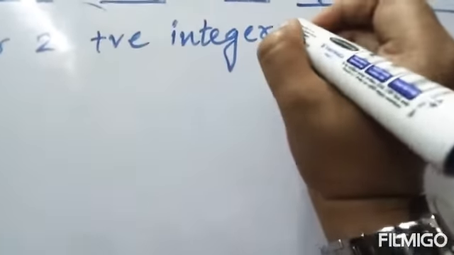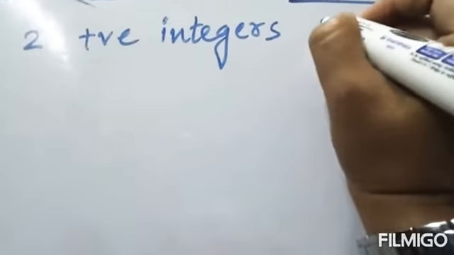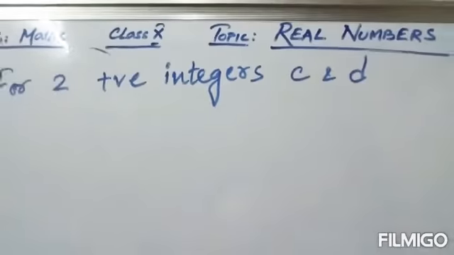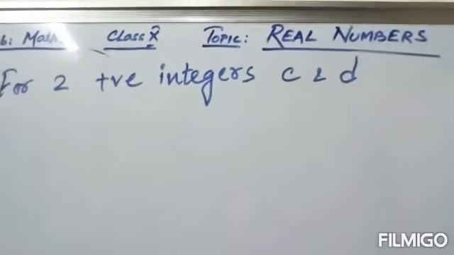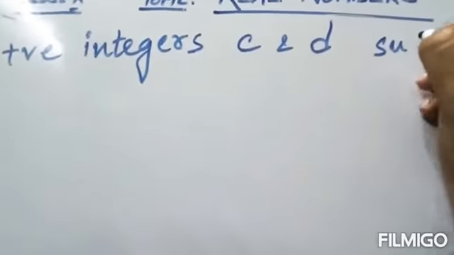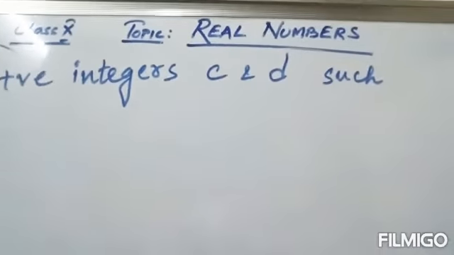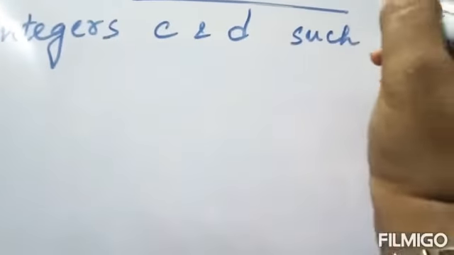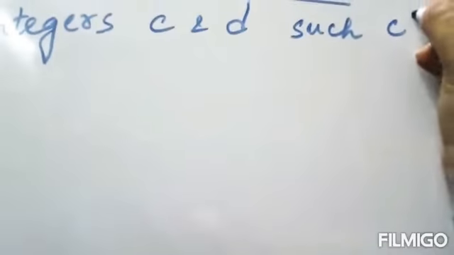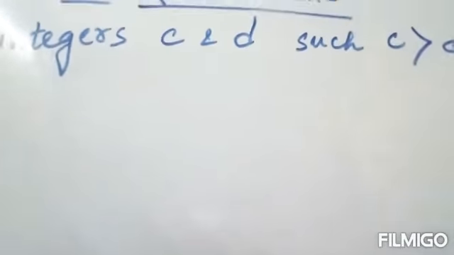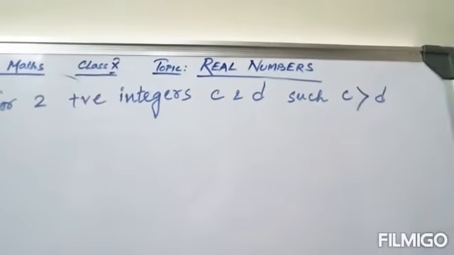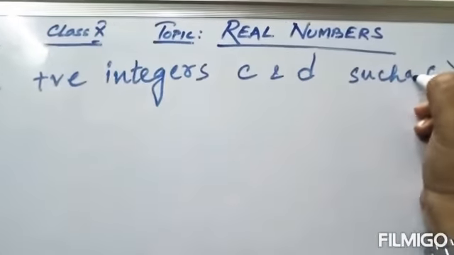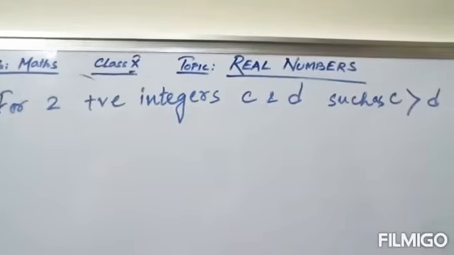For two positive integers, let them be C and D, such that one has to be greater, so let C come first and I am making it greater. C is greater than D.